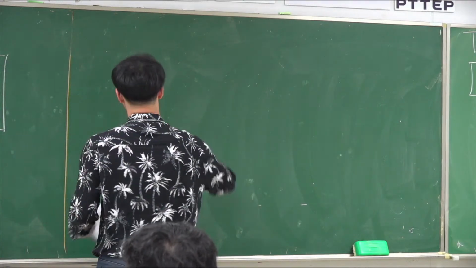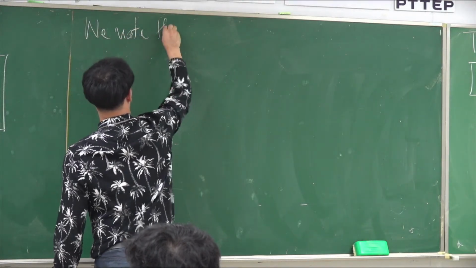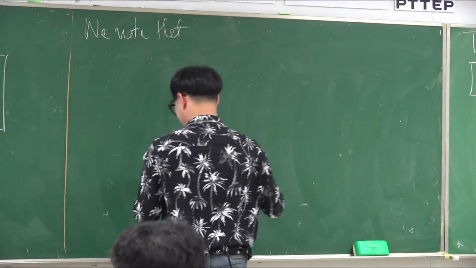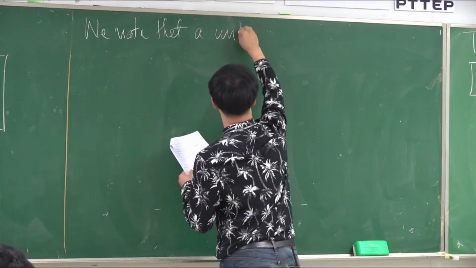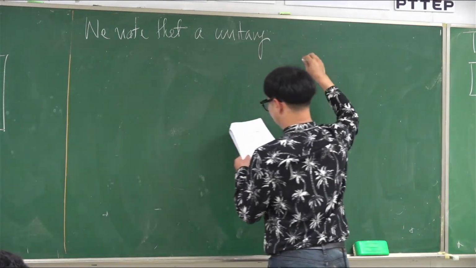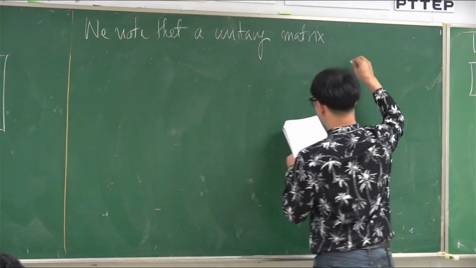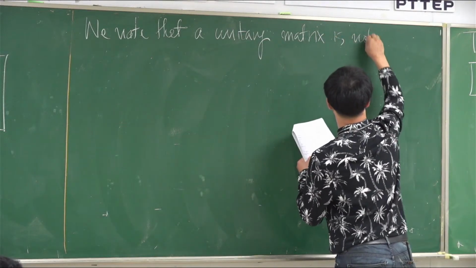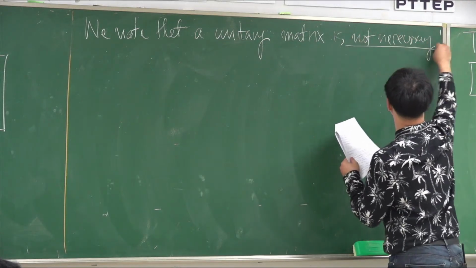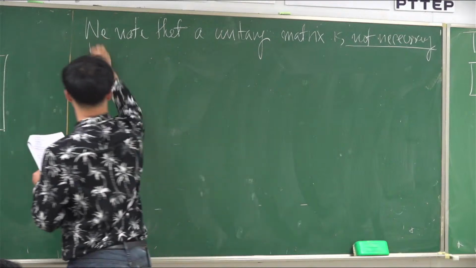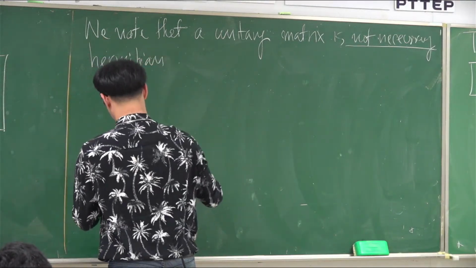Okay. So we know that a unitary matrix is not necessarily Hermitian, right?